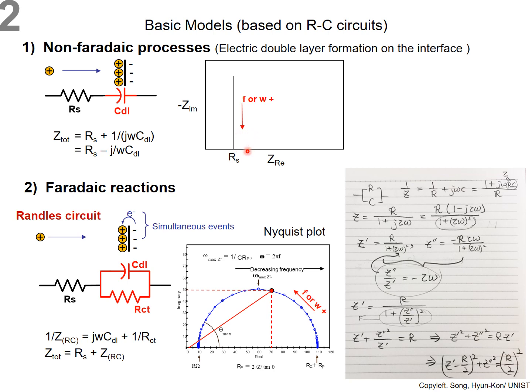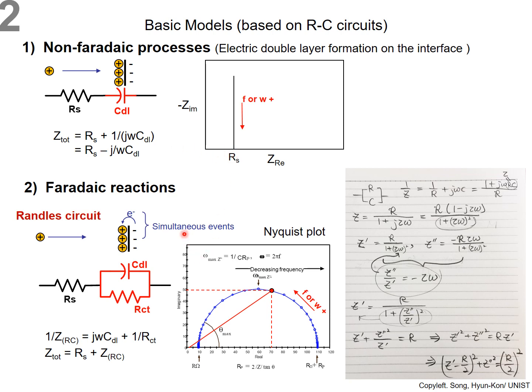However, in most practical situations, this line is a little bit inclined toward the x-axis onto the right side, like that. Frequency goes low to high. Usually at very high frequencies, you could find the solution resistance in any case, even for the Faradaic reactions.